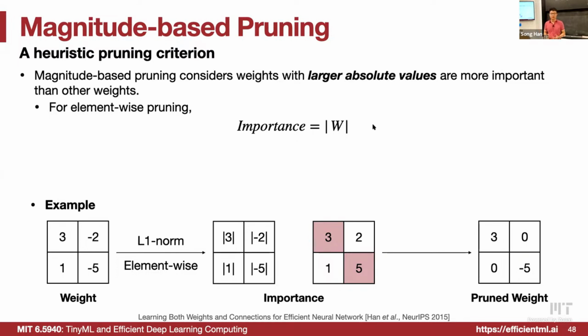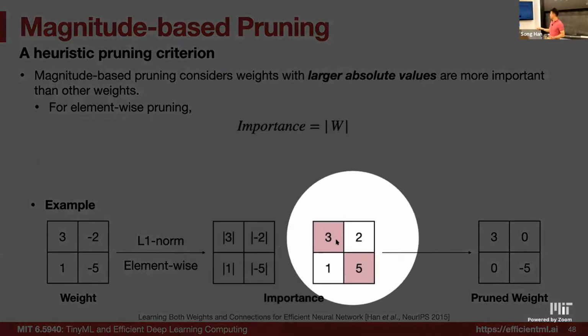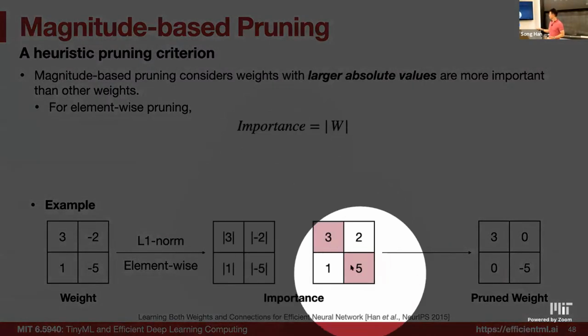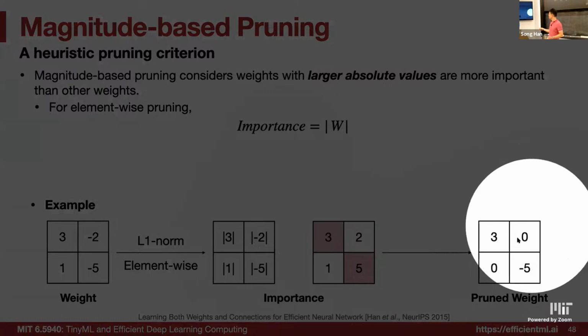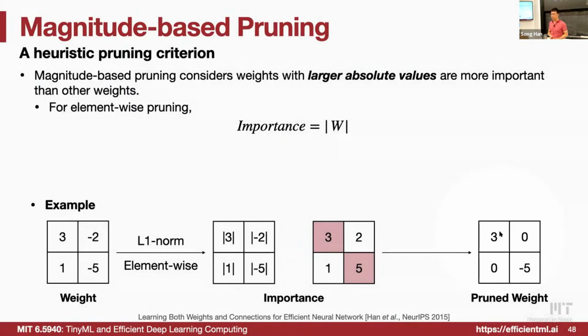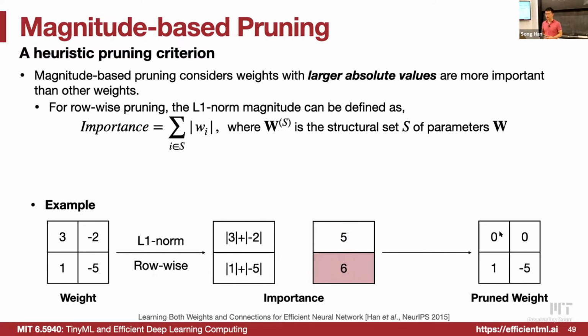That is a very simple heuristic, but it turned out to work super well in both academia and industry for so many years. In the example on the bottom, we have 4 weights. We find the L1 norm for each of them, and we keep the red, the largest, and remove the smallest. So this becomes the pruned weights. So we just use the absolute value to determine the pruning criteria.